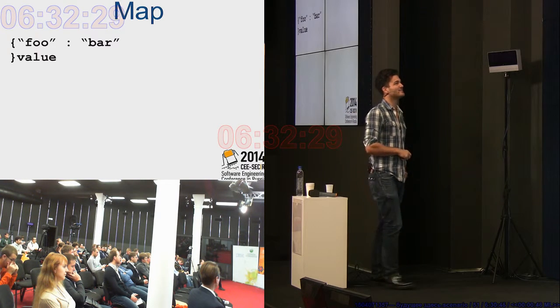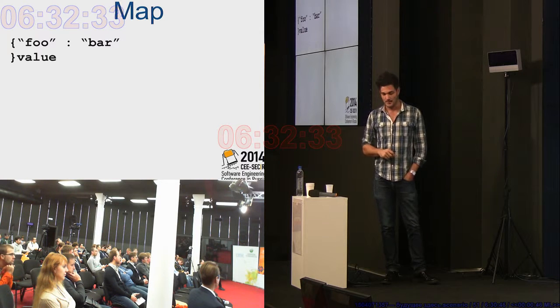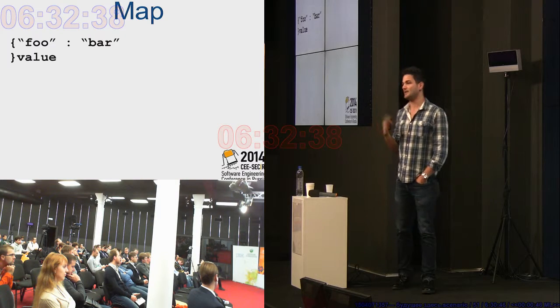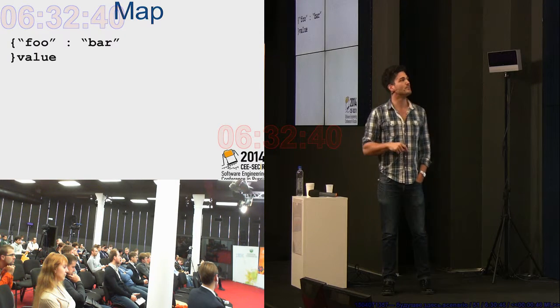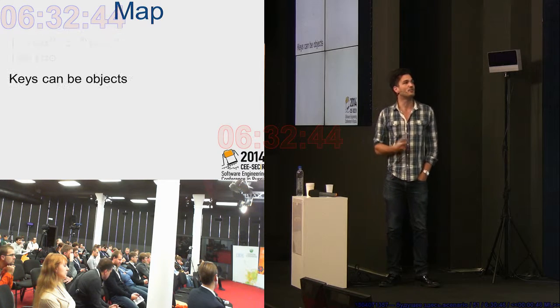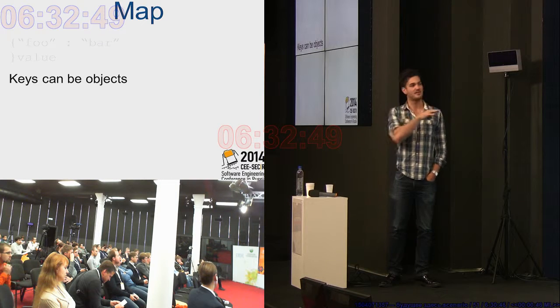Anyway, the map is basically just a key value pair, like in other languages. The cool thing about maps is that keys can be objects, so you can have an object as a key.